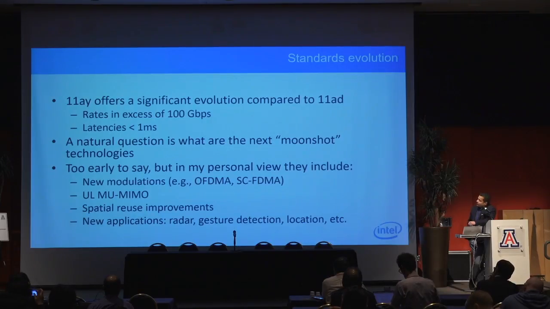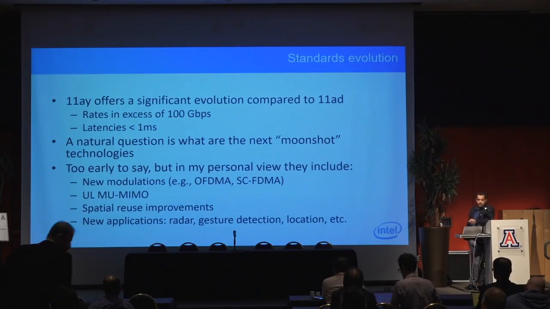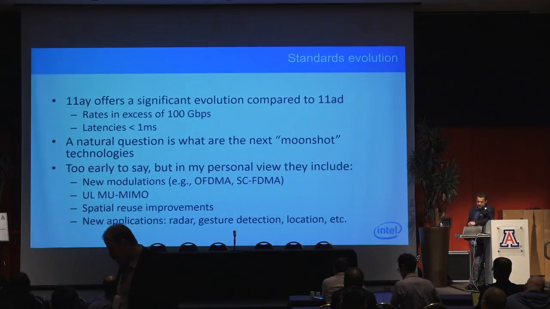And I get asked the question, being involved in this area for quite a long time, what is next? What do I see standards evolving in this space? In my view, and I really haven't spent a huge amount of time thinking about these things, but I do imagine that if we were to continue working on the next generation of 11AY, who knows when, we're going to have to address things like new modulations, and here I just mentioned a few, right?